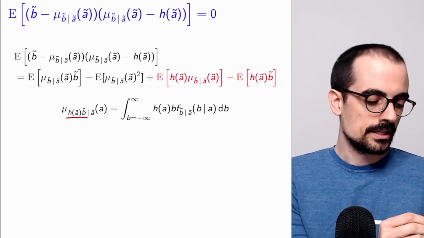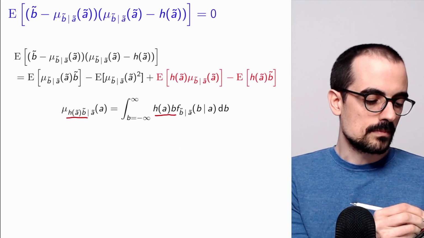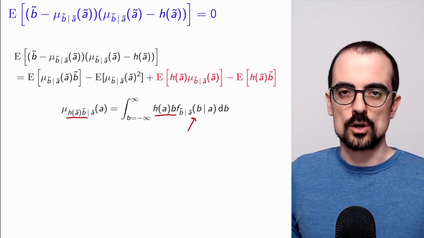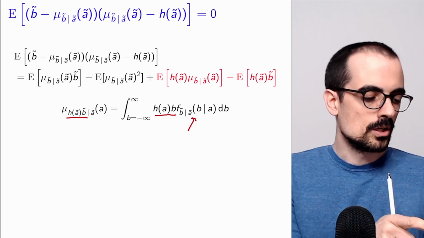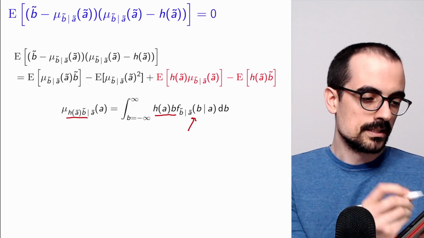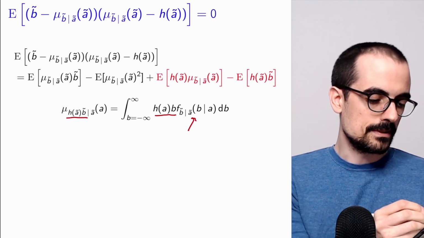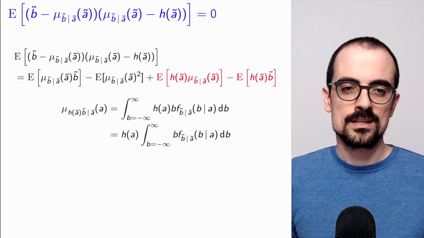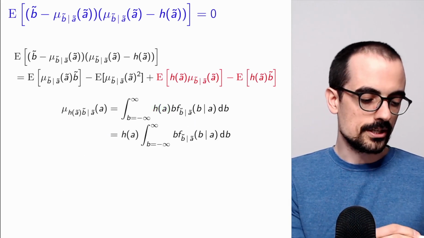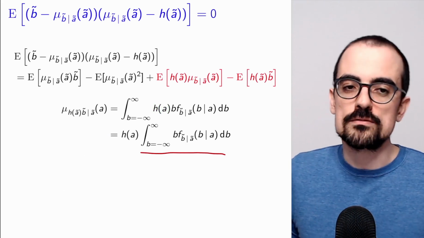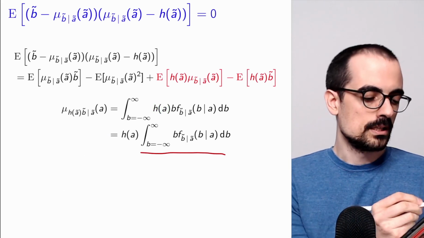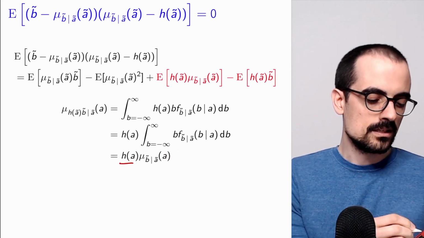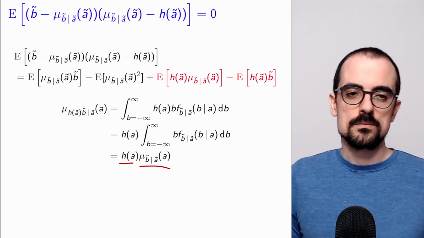By definition, it's that function multiplied by the conditional PDF of B given A, and we integrate over all possible values of B. Now, h(A) happens to be constant with respect to B, so we can take it out. And what we have here is just the conditional mean function of B given A. So we have shown that the conditional mean of h(A) times B is equal to h(A) times the conditional mean of B given A.